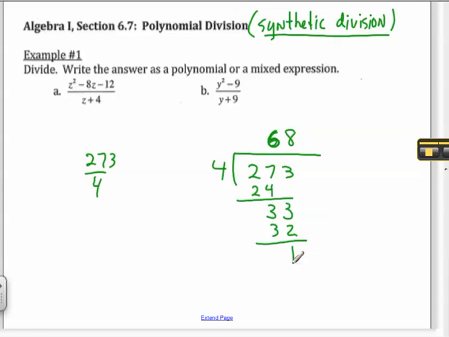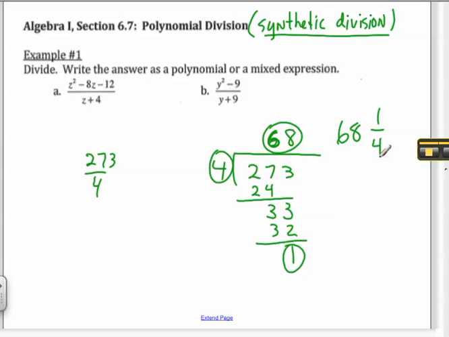So my answer would be a mixed number. I would take this number and write it out front, take this number and put it in the numerator, and take this number and put it in the denominator. You did that in 3rd grade, you did that in 4th grade. So 4 goes into 273 68 and 1/4 times.